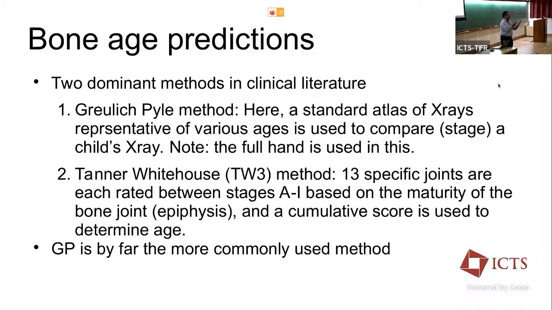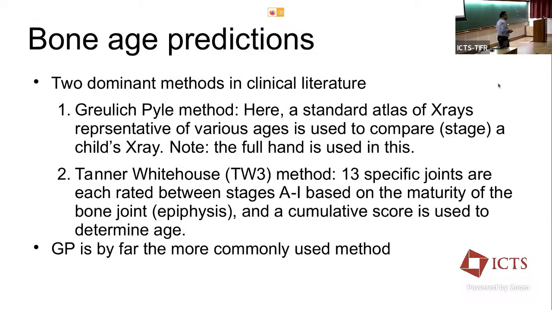And whichever match is the best, that match stands in for the age of that child. As a machine learning problem, this is interesting because we have a bank of standardized images, and if you present a new image, you'd like to ask which of the images in the bank is most likely the best match, and you present the age that corresponds to this match.